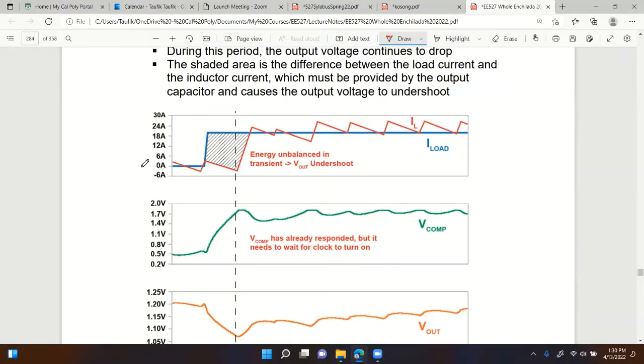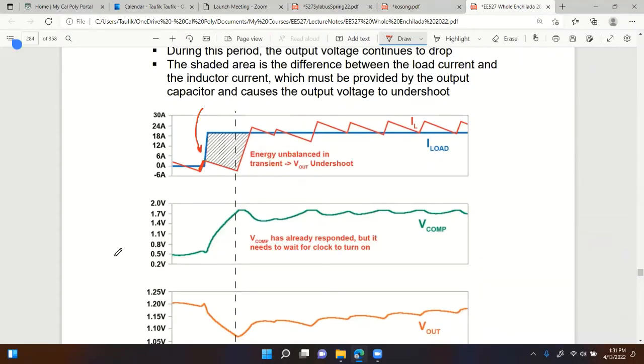From 0 to 20 amps, except if it just so happens that the change occurs right at the time when the switch is already on, just like you see the switch is on right now, right? Then you get a step up change, right?